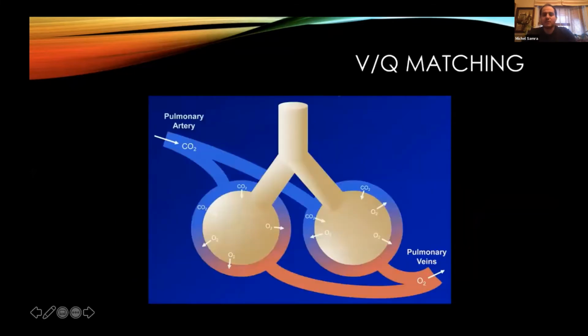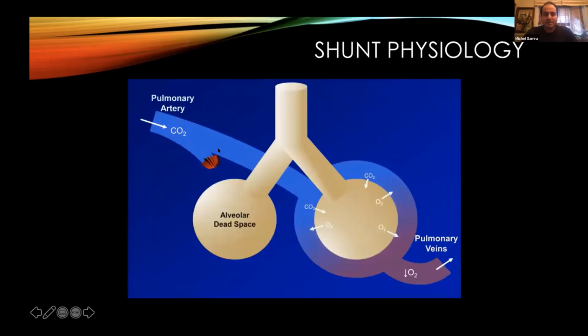So if we go back to VQ mismatch in a normal alveolus, you have blood coming in with carbon dioxide, it gets oxygenated, it leaves with oxygen. When you have something like a blood clot, you're essentially chopping off one of these arms, and you're thereby increasing your alveolar dead space. This means that more blood has to go to a smaller area of oxygen rich alveolus, leading to the idea that you're going to have less overall oxygen in your blood.